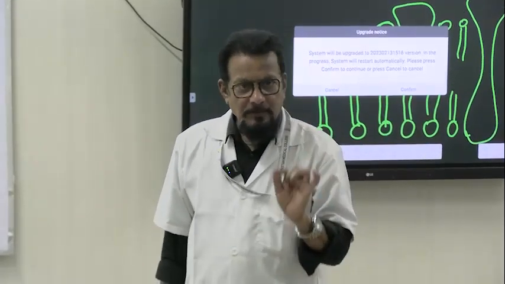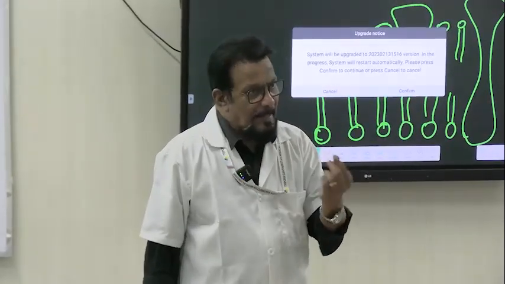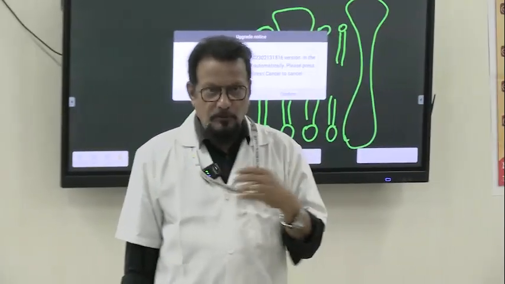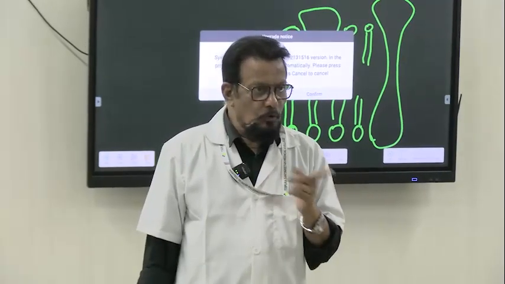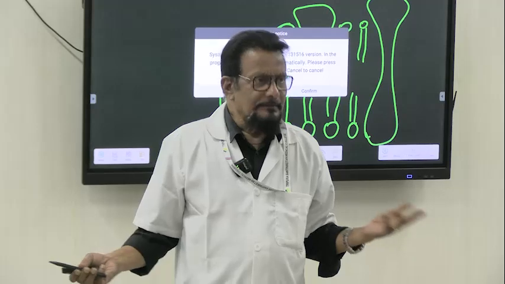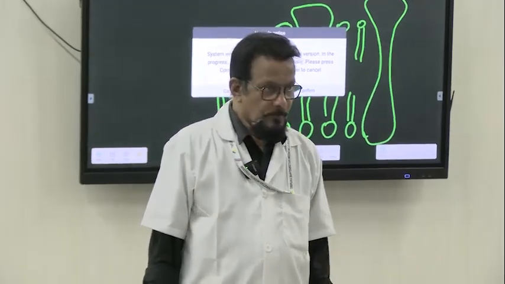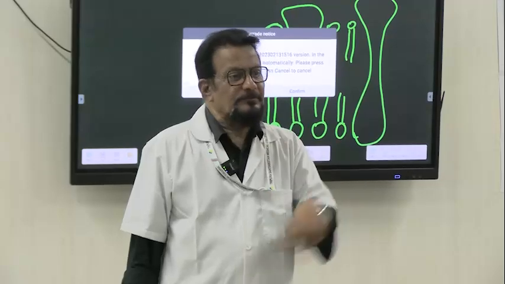If I have antigen A, my blood group is A. If I have B, my blood group is B. If I have both, I will be having AB. If I don't have any, then my blood group is O. So these antigens are present on the surface.